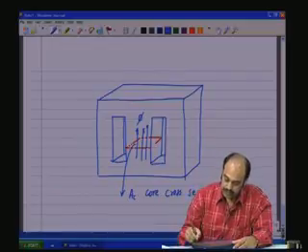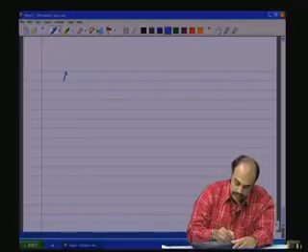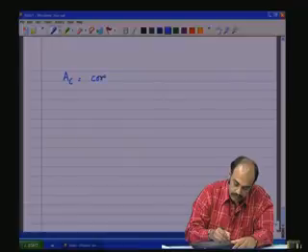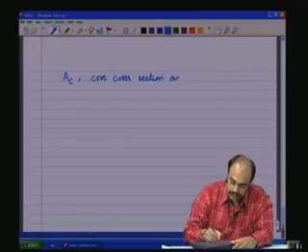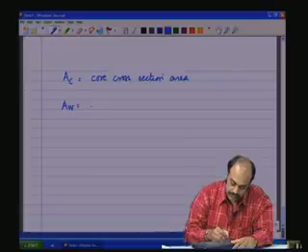So, we have two areas here. One is called AC, which is the core cross section area. Another is called AW, which is the window area.